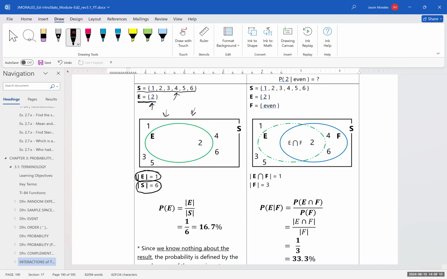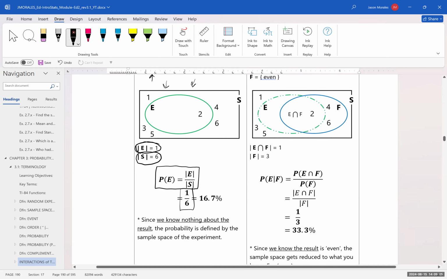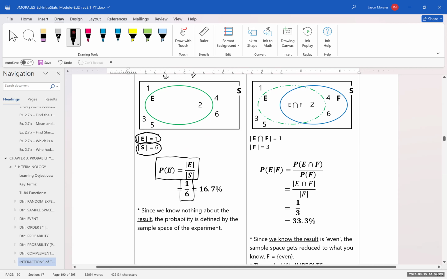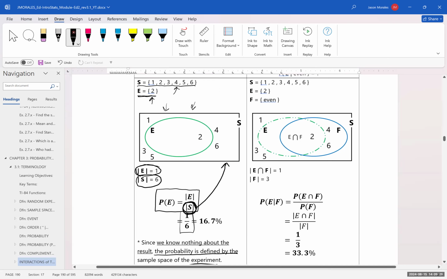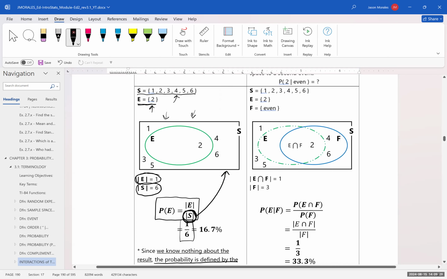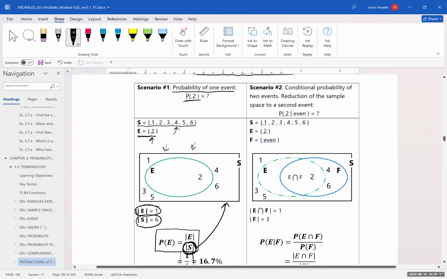So the probability of a single event is the order of the event over the order of the sample space, which will be 1 over 6, which is 16.7%. Since we know nothing about the results, the probability is defined by the sample space of the experiment. So down here, the denominator is dominated by all possible outcomes. All right, so this is what we've already done. This should have been a rehashing of what we've done before.